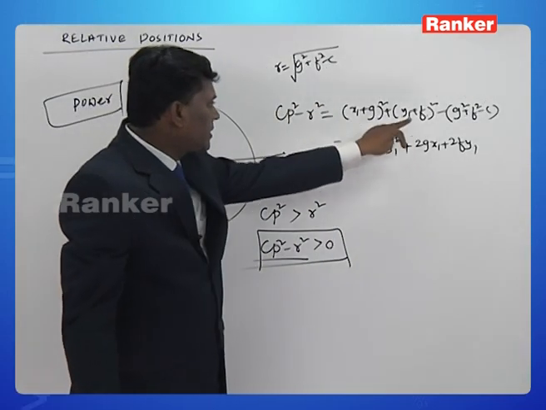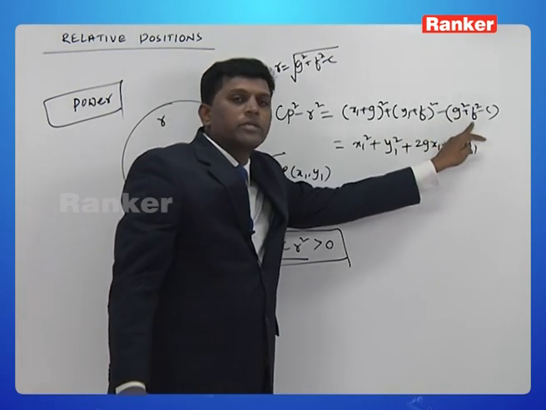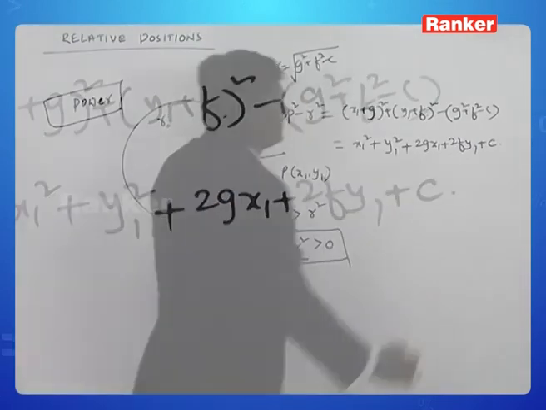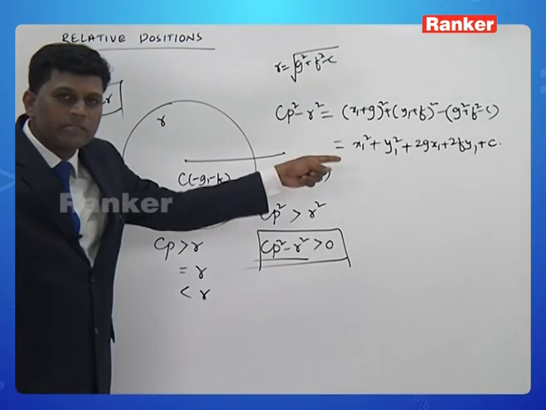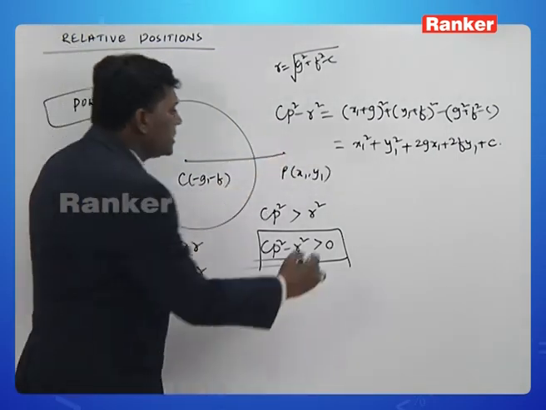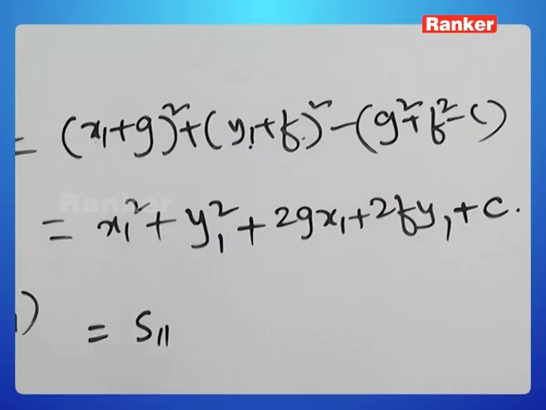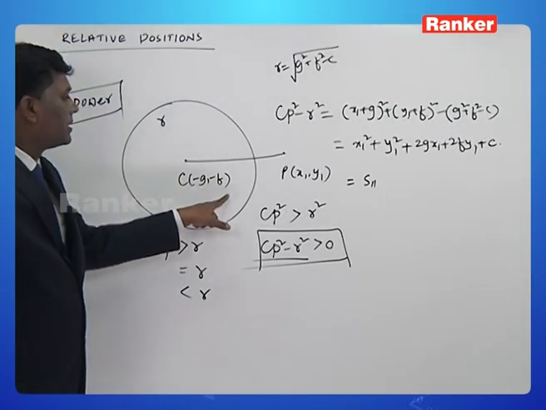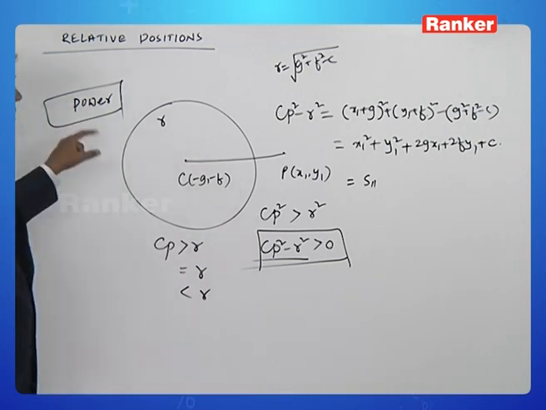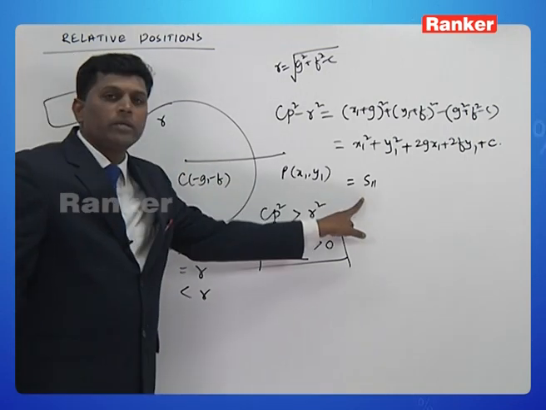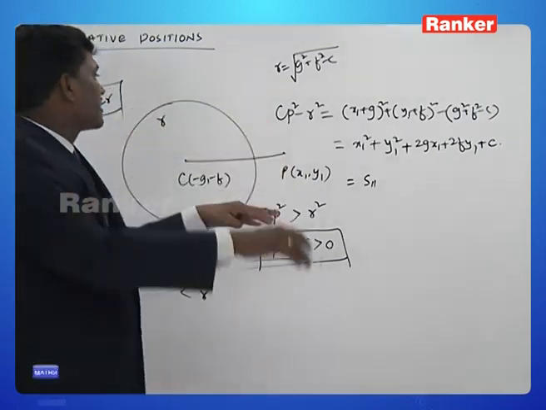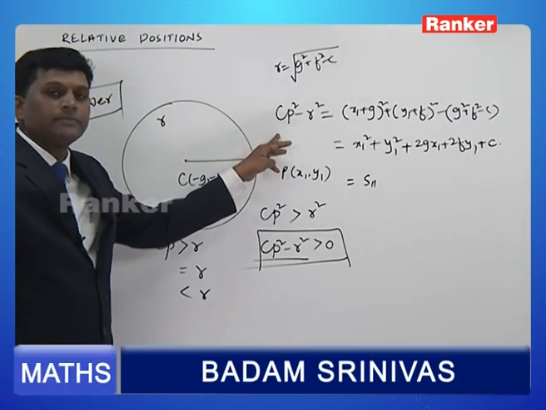Here g square and f square, minus g square and minus f square, both cancel, and minus of minus c gives plus c. But we have already discussed this as the notation S11. So the power of a point with respect to the circle can be calculated simply as S11, the value obtained by substituting the point in the circle equation.